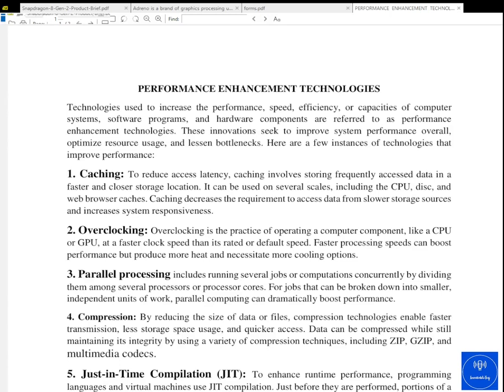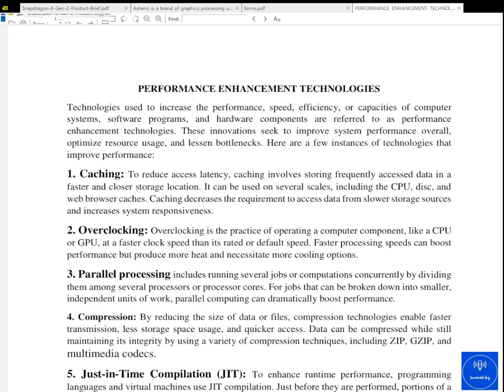I want us to look at the technologies that are normally applied to increase the performance, speed, efficiency, and even capacities of a computer system. So generally, we have systems, we have programs, we have devices and hardware components that are there to improve and to enhance the performance of the computers or computer technologies, and those are what we call performance enhancement technologies.